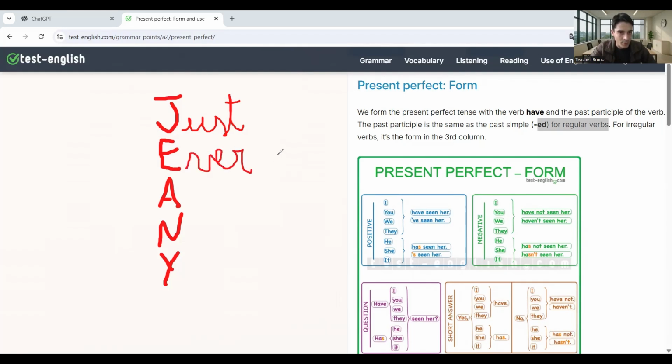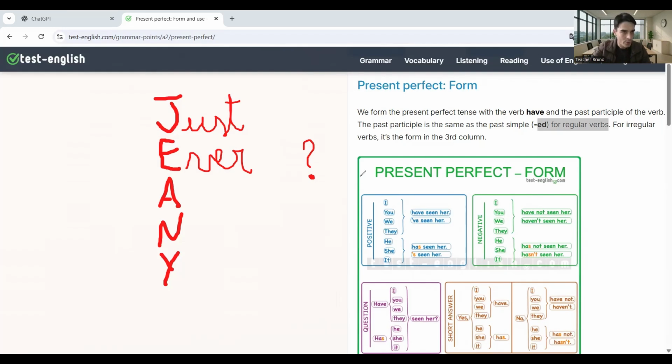Ever is more commonly used in questions. Have you ever traveled to the US? Well, indirectly, there's continuation of time. Since the moment you were born up until the present instant, have you ever? It's important to understand this concept of indirect continuation of time.